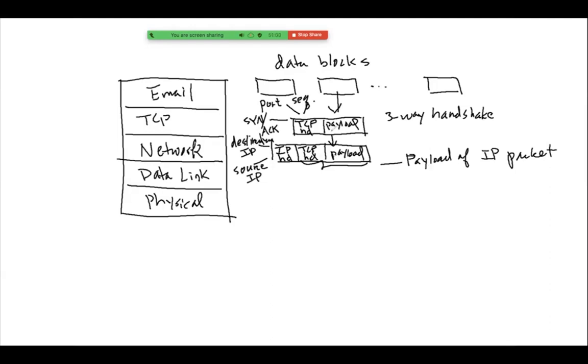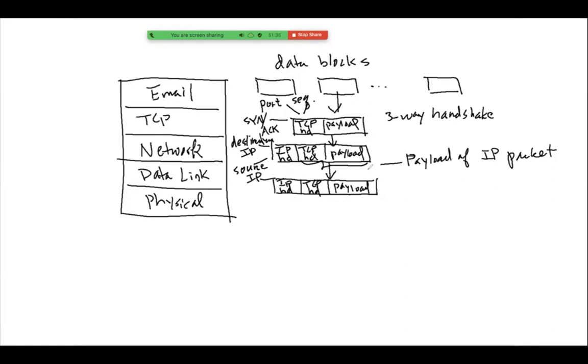So then this one comes down to the data link layer. What you are getting now is an IP header, a TCP header, a data block, and then a frame header. So this now is called a frame.